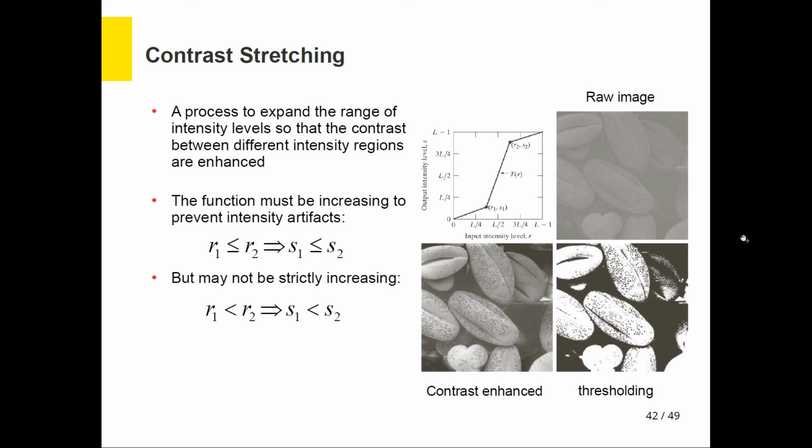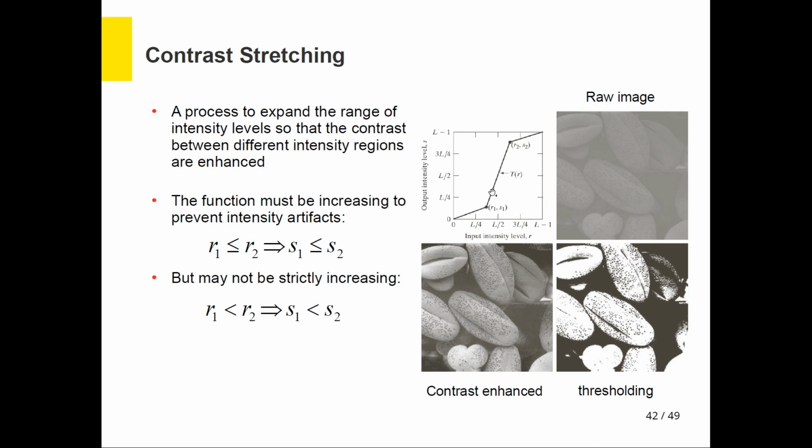So another type of intensity transformation functions, which we call here generally contrast stretching, can require more user inputs. Generally the functions that are used are either increasing or strictly increasing, and that is to avoid intensity artifacts.